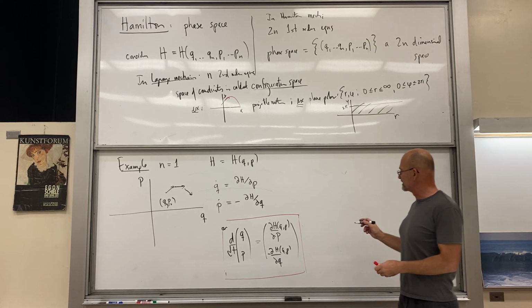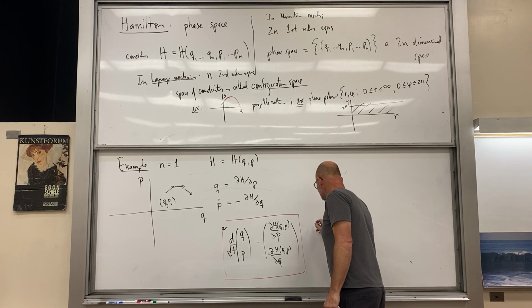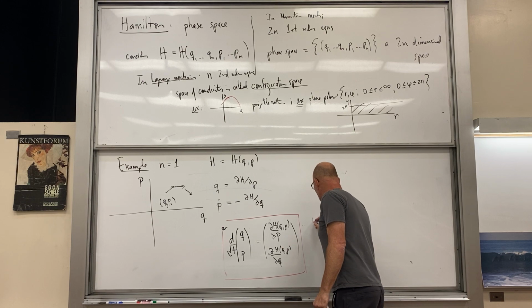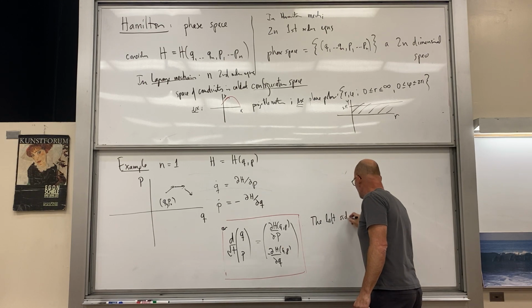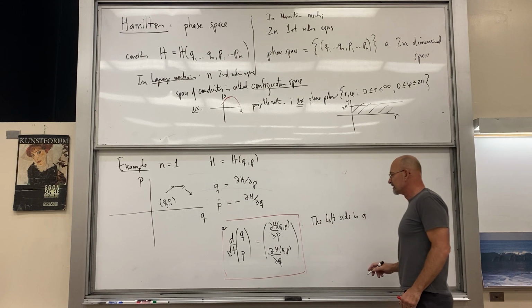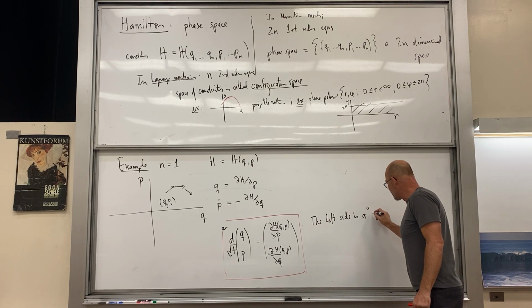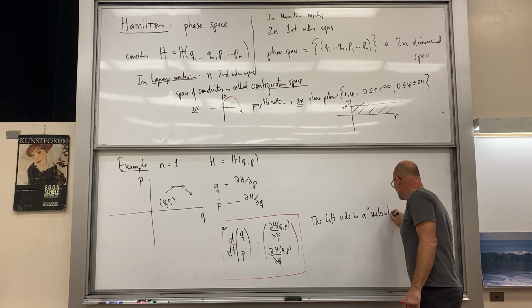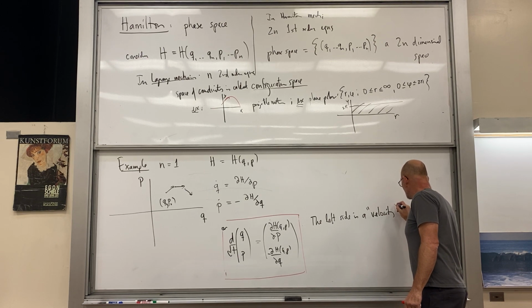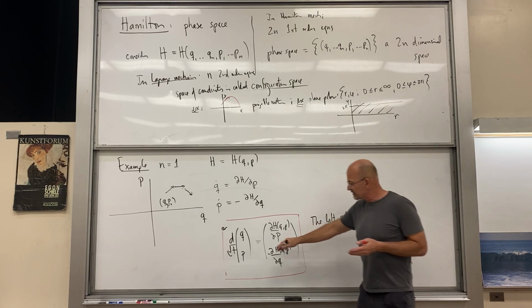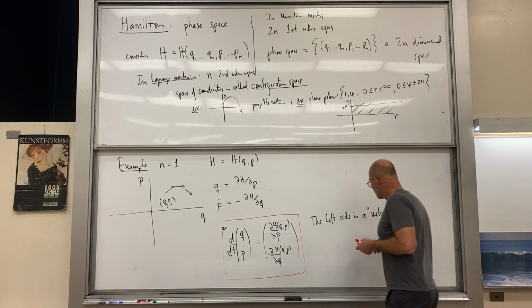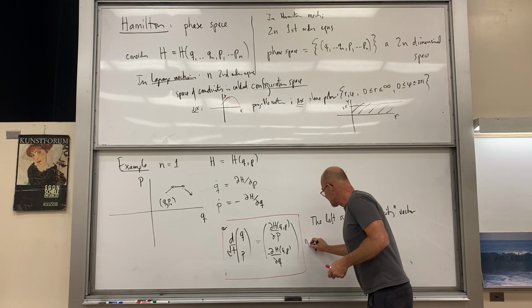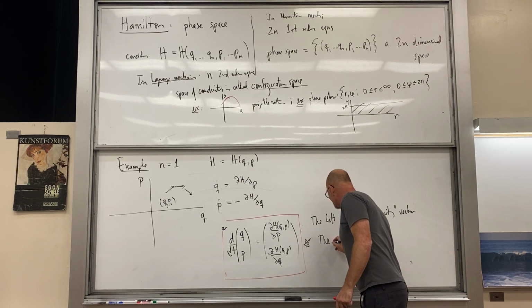So let's put this in a couple of words. The left side is, I'm going to put it in scare quotes, a velocity vector, because it's a time derivative of a position, right? Q, P, that's a position in phase space. And the right side is the equation star. The right side is a vector field.